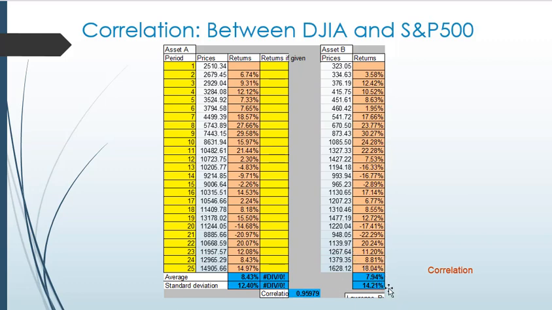The average is 7.94 with a standard deviation of 14.21. The correlation between these two assets is 0.95. So 0.95 is obviously positive, and these two assets will seem to act alike. It's a very strong relationship. When one moves, the other tends to move in the same direction and with the same magnitude.